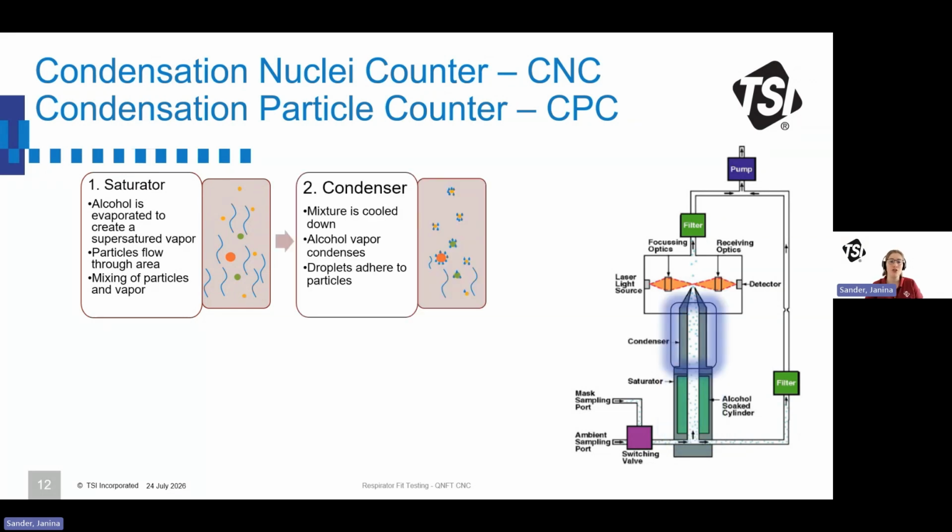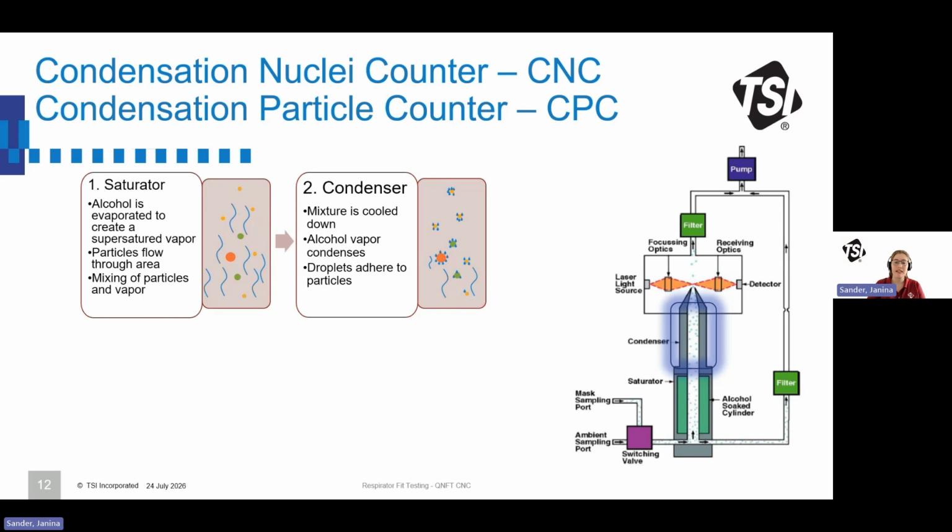In the condenser, the mixture is cooled down and the alcohol vapor starts to condense. And due to physics and how we set the instrument settings, we can make the droplets condense on the particle surface. So you can imagine a particle with lots of small alcohol droplets on its surface.